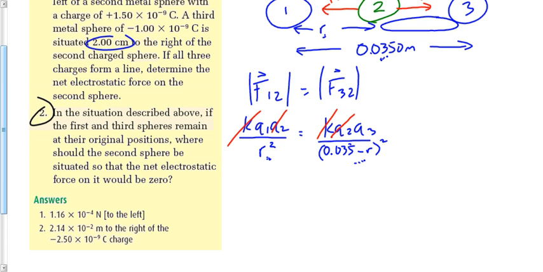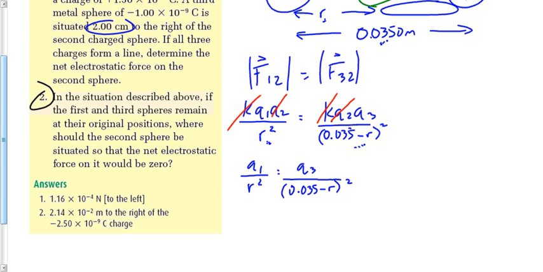I'm left with Q1 over R squared equals Q3 over 0.035 minus R squared. Well, we know the value of Q1 and Q3. That's easy, so let's plug those in.